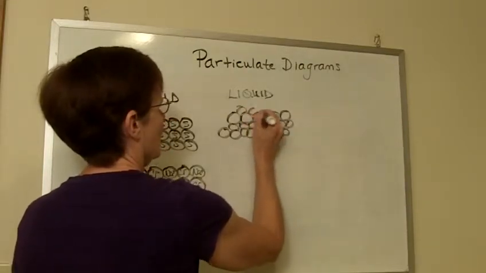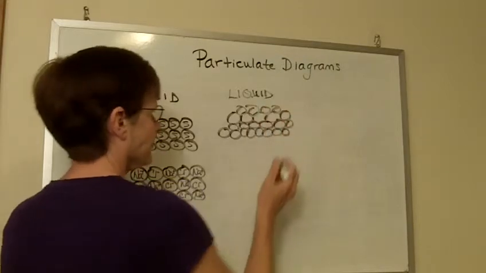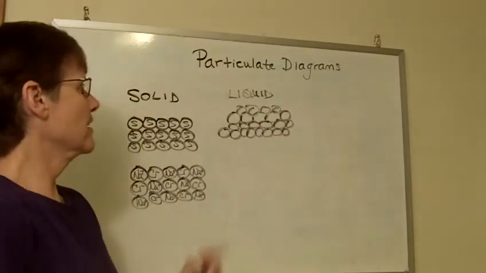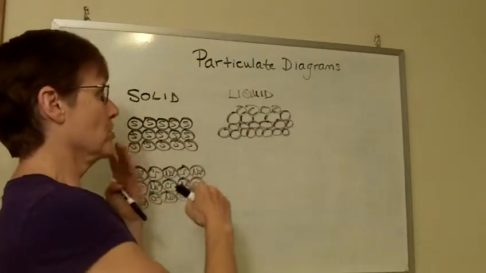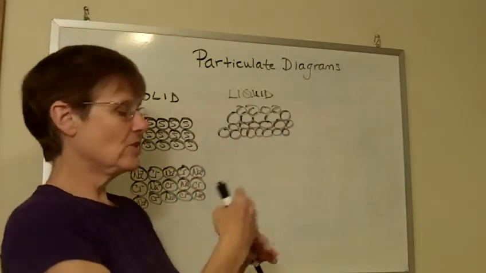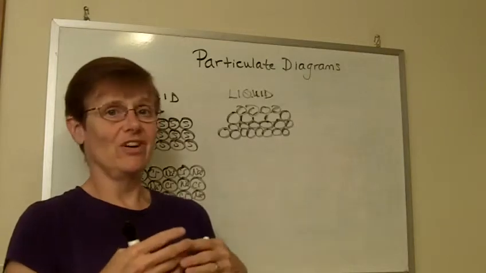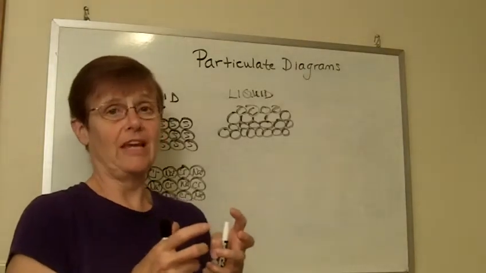Not that easy to make it look disorderly, actually. But the idea is that it's not locked in a nice tight grid, and these particles would actually be moving past each other, rolling around each other, and not fixed in place.